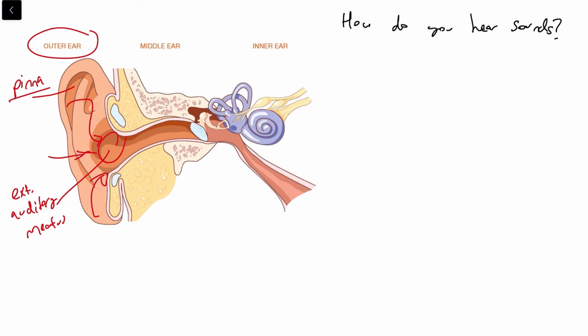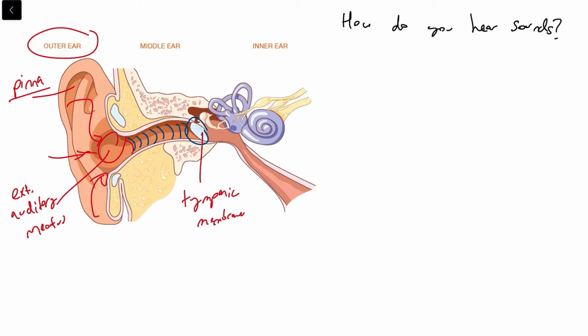So you're going to get all these sound waves coming in here, and just like that, they're going to make their way down and eventually strike this thing right there. That is called your tympanic membrane.